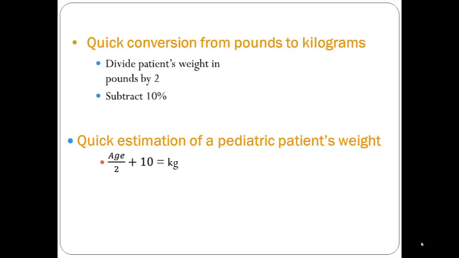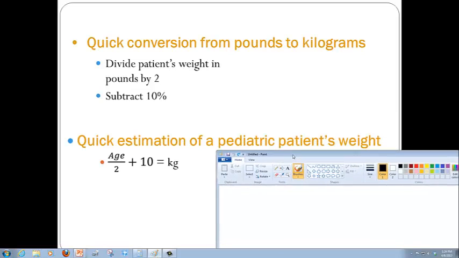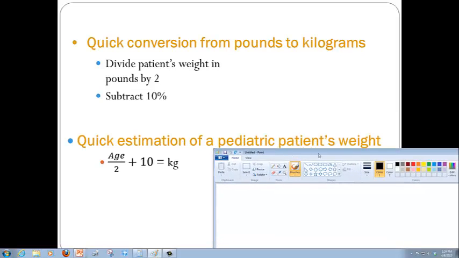The quick and dirty formula for this is the patient's age divided by 2 plus 10 will give you the pediatric patient's weight in kilograms. So let's say that we have a 6-year-old coming up. Divided by 2, that gives us 3 plus 10. You will draw up medications based on an estimate that the patient will weigh 13 kilograms.